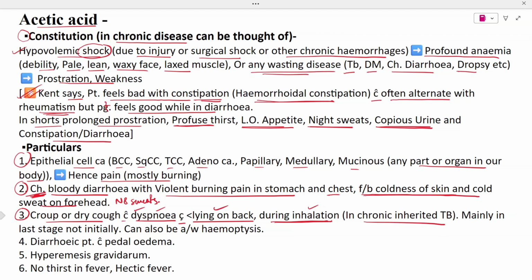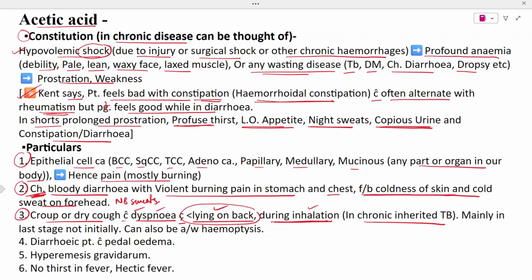But previously, when there was no such rule, in tuberculosis, often Aceticum acidum was prescribed when the patient became very weak. There is hemorrhagic tendency along with the cough that aggravates lying on the back. This is one of the concomitant symptoms, I would rather say.